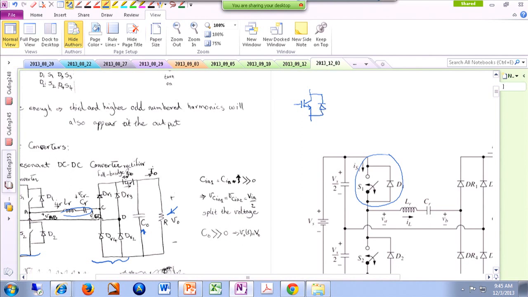The reason for that is, as we are going to see later, sometimes the flow of current is in this direction, positive, so you can turn the IGBT on to support that current, and sometimes it's actually negative, and what happens is the diode is going to conduct, and therefore you have a bidirectional, in terms of current, switch over here. Or it could be a MOSFET.